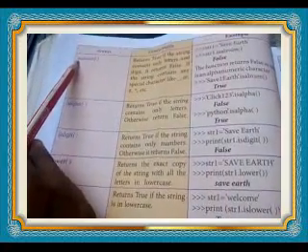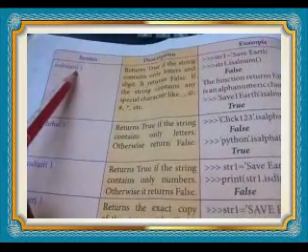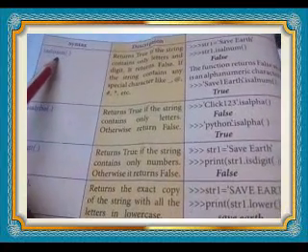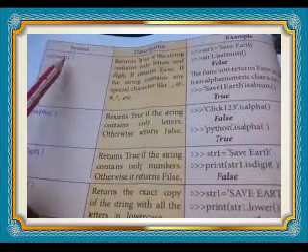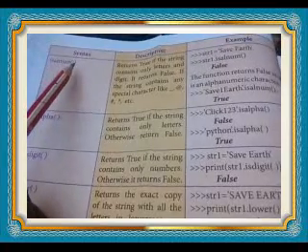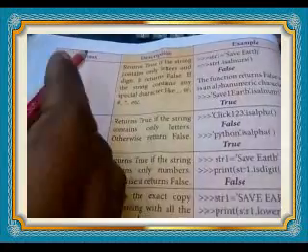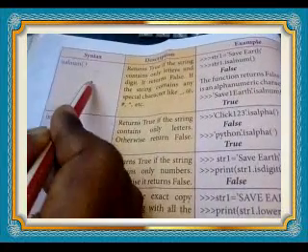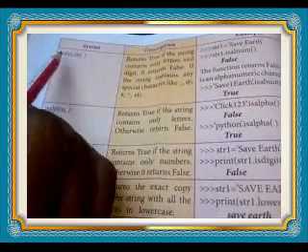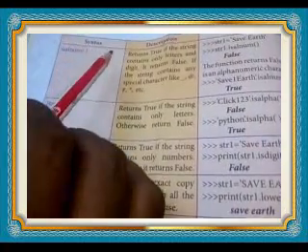Now we will see the next function, isalnum. This function is used to check whether the given string is alphabet or number. If it is alphabet or number, it returns true. Otherwise it returns false. Okay. Its syntax is isalnum. That's all.